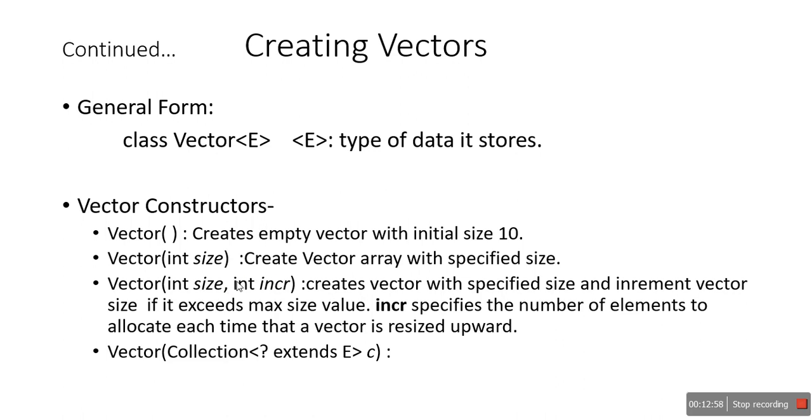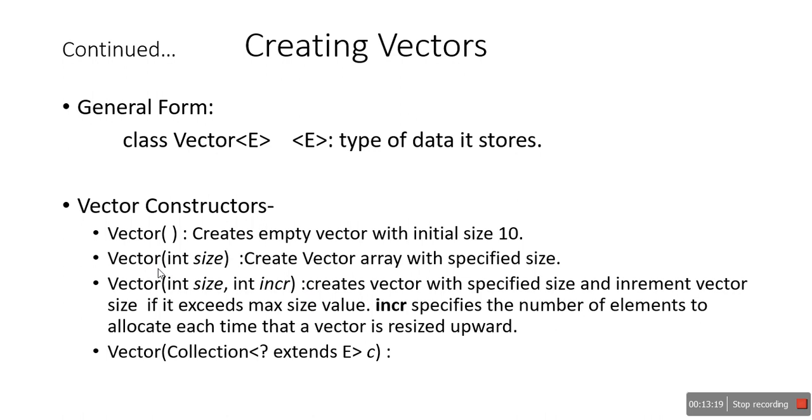For example, if you store the 15th element, the size of the vector becomes 16, because you specified the increment value as 2, meaning every time the vector is incremented by 2. That is the use of this increment.